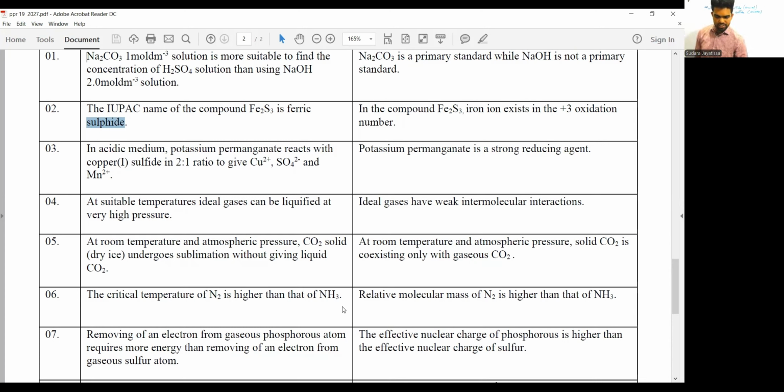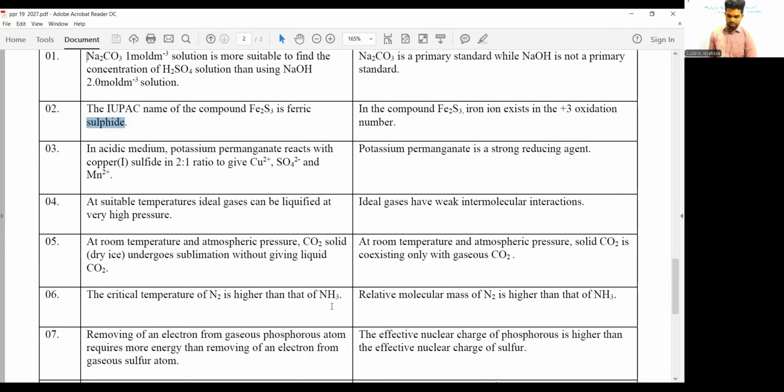So therefore, the first statement is a wrong one anyway. There are two mistakes. One is that it's not the IUPAC name. The other mistake is the way of writing sulfide is wrong. Write those 2 points for your reading.